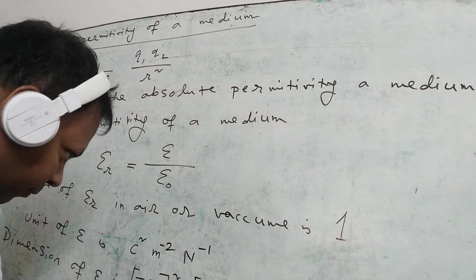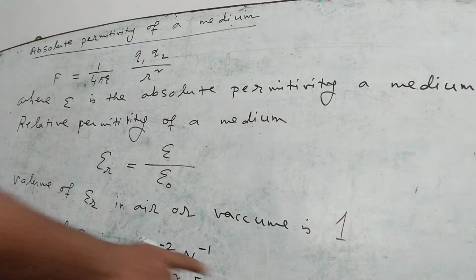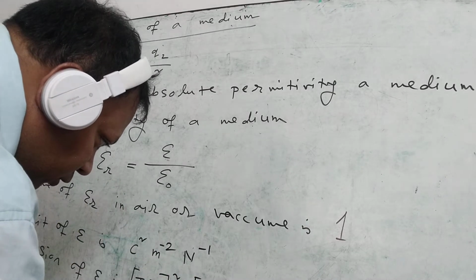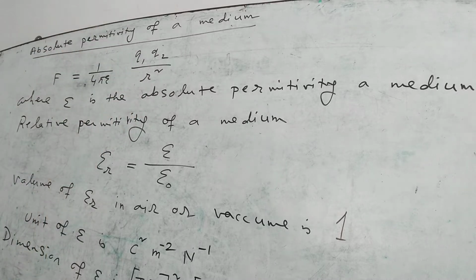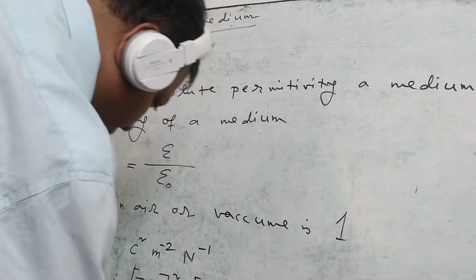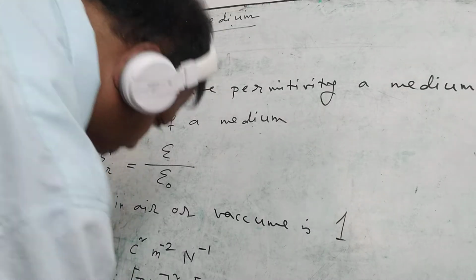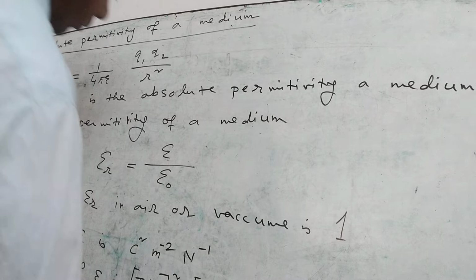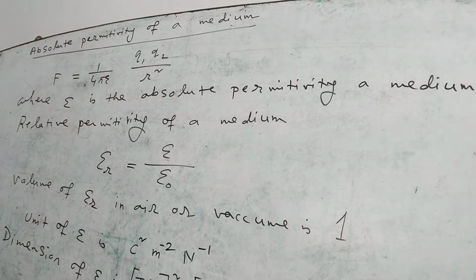This is equal to M to the power minus 1, L to the power minus 3, T to the power 4, I square. This is the dimension of epsilon. Okay.